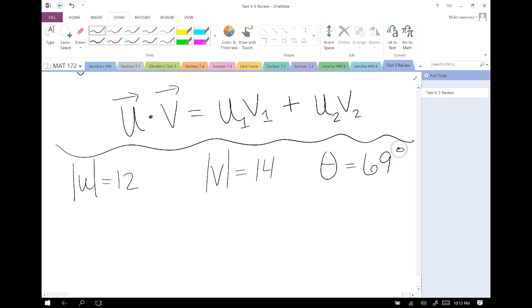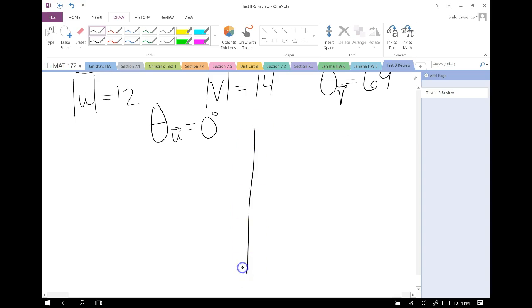So this was the information the problem gave to us. I'm going to say this is the vector for V, and that's going to be the angle for V, and let U's angle be 0. That's the easiest way to say there's 69 degrees in between them.